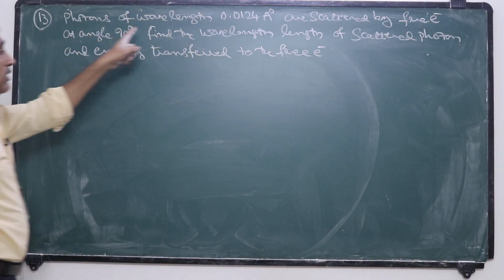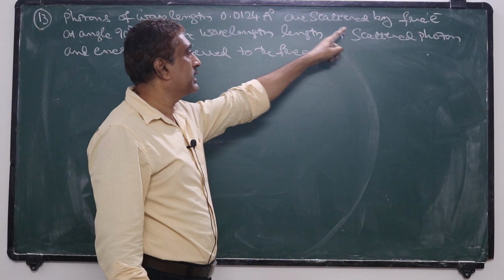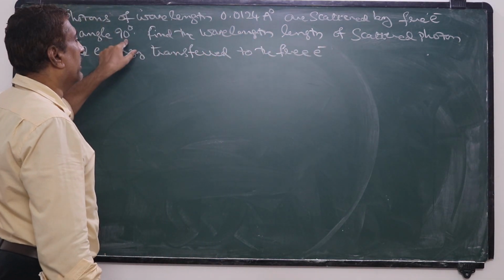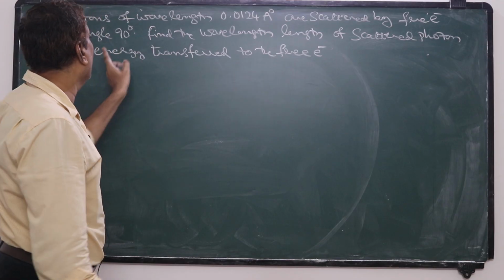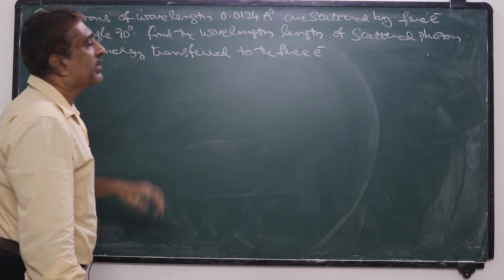So photons of wavelength 0.0124 are scattered by free electrons by 90 degrees. Find the wavelength of the scattered photon and the energy transmitted to the free electron.